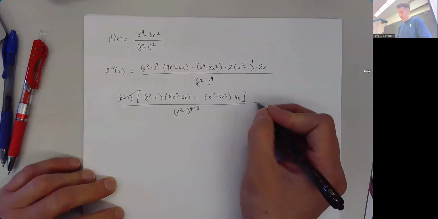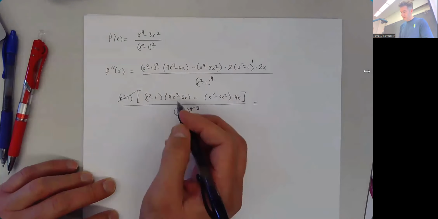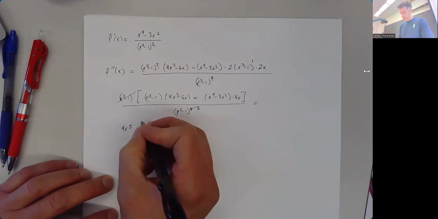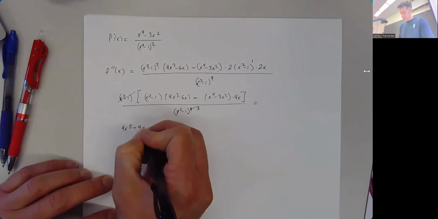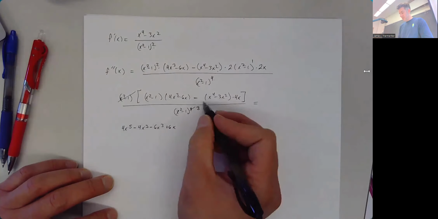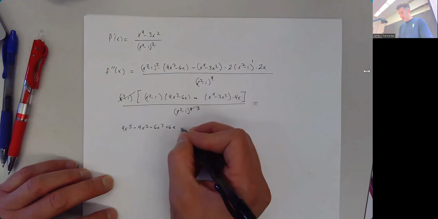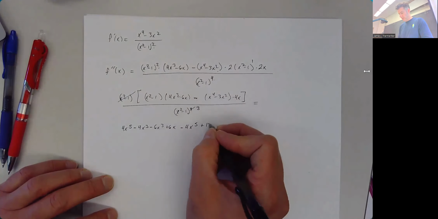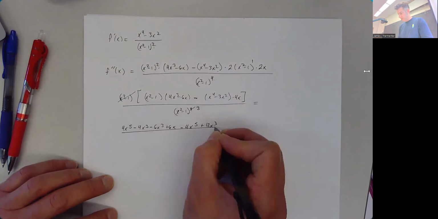Okay, now for the gross part, we have to actually multiply this out. So we get 4x to the 5th minus 4x cubed minus 6x cubed plus 6x, minus 4x times these things, so minus 4x to the 5th, minus is plus 12x cubed. Good Lord.